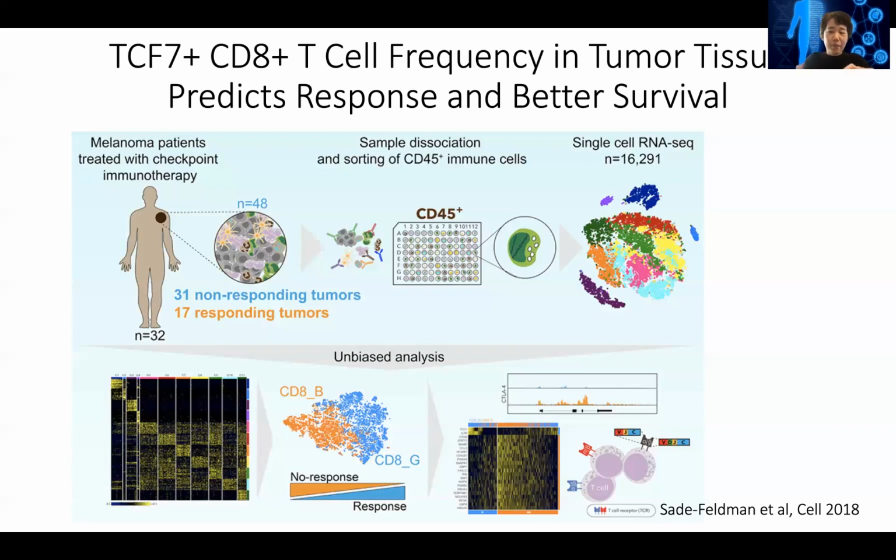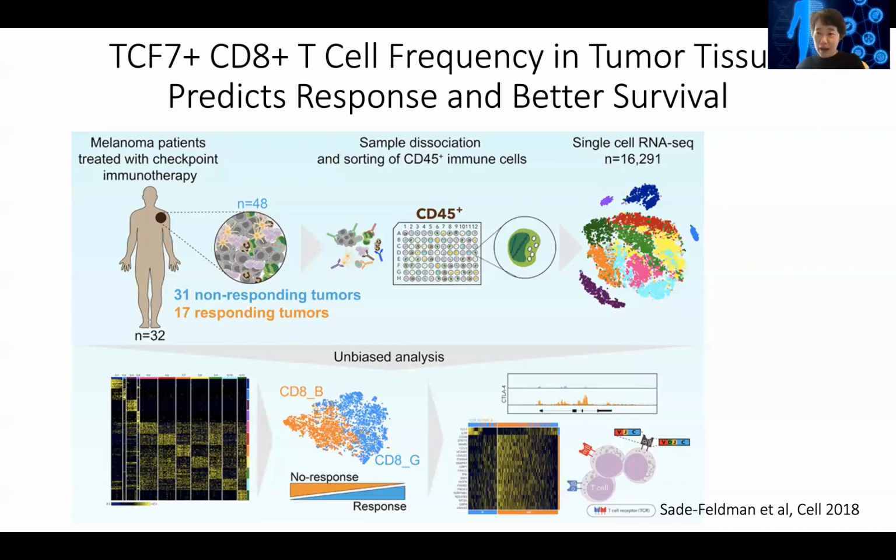This suggests that when the T cells are activated, you'll make too many copies of itself and then eventually it will crash and burn. But if you have enough of the original naive cells, the naive cell is like a stem cell. It can continue to replenish the microenvironment with additional new young T cells to be activated and proliferating.